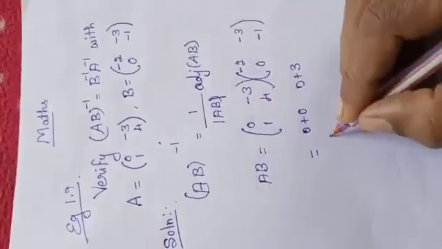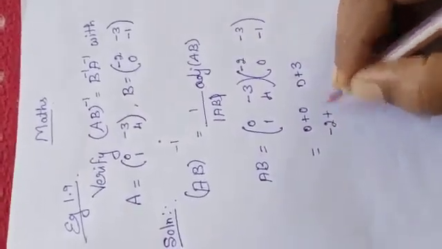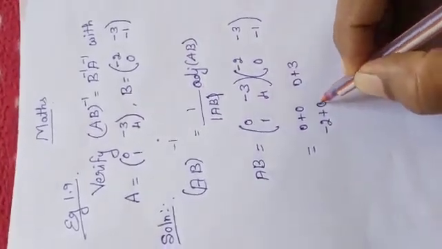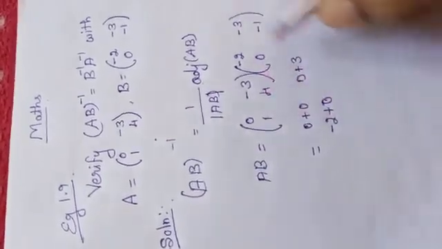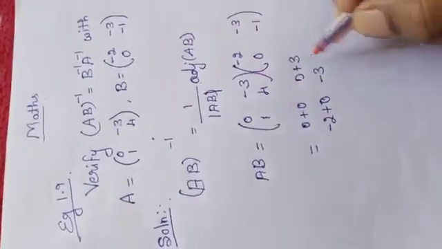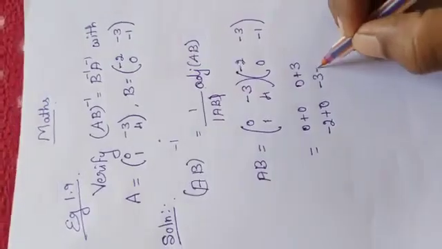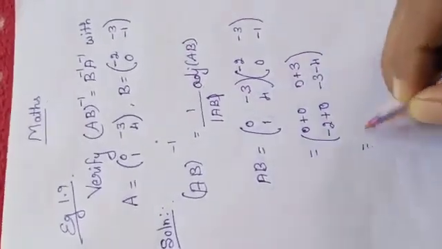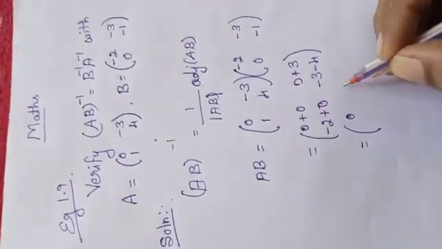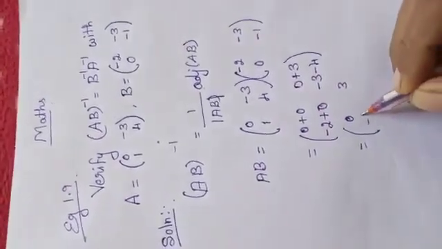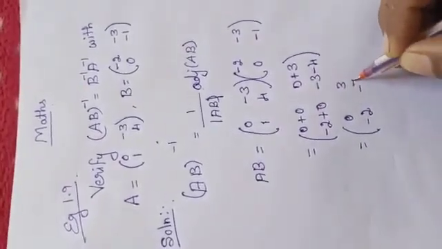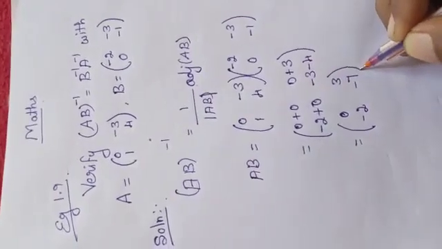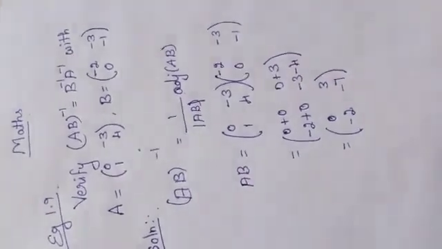Now 1 into minus 2, plus 4 into 0 is minus 2. 1 into minus 3, plus 4 into minus 1 is minus 7. Now our answer: 0, 3, minus 2, minus 7. So we have got AB.